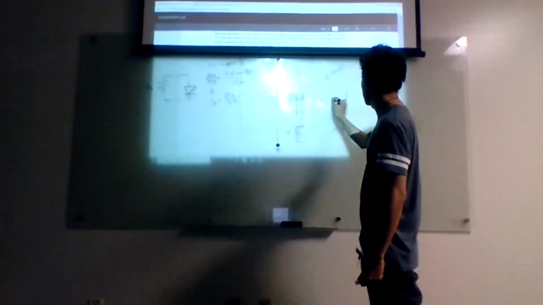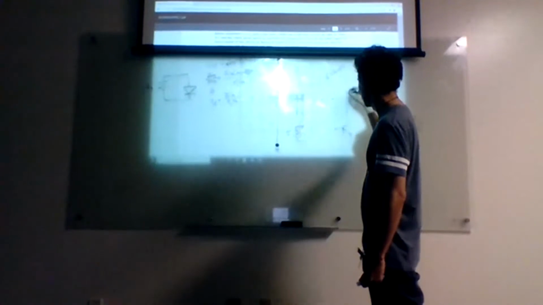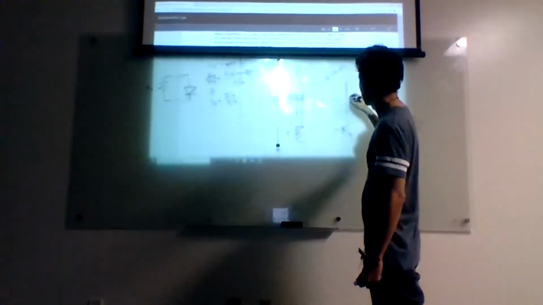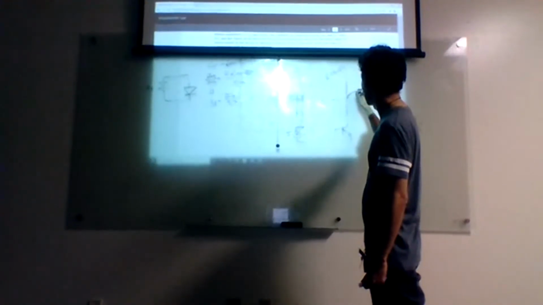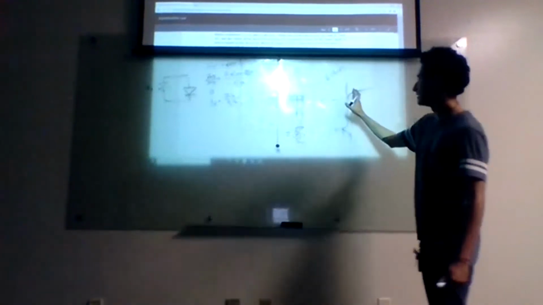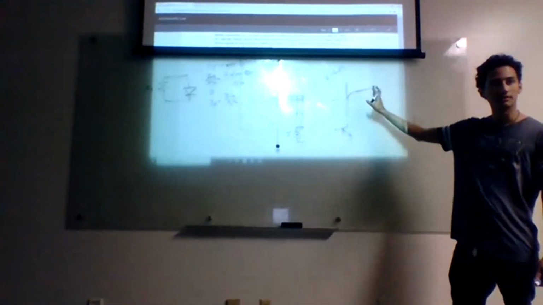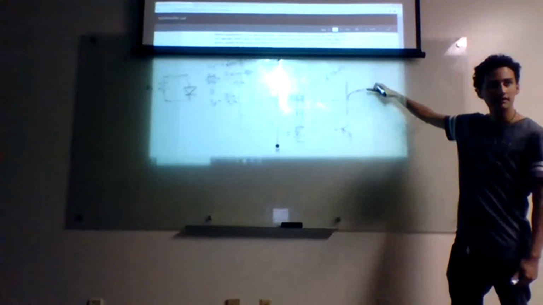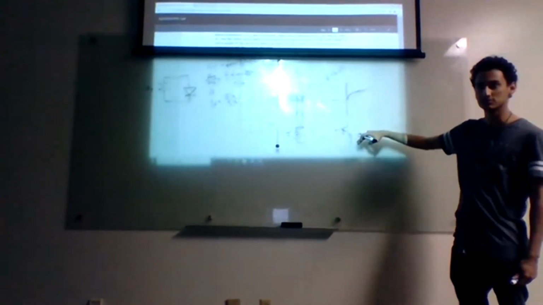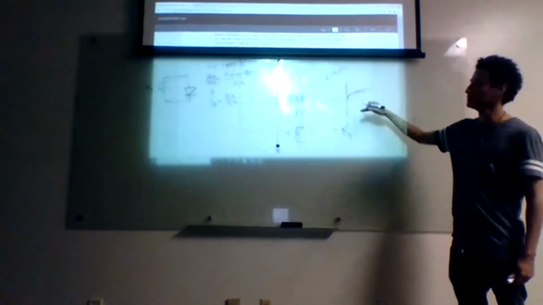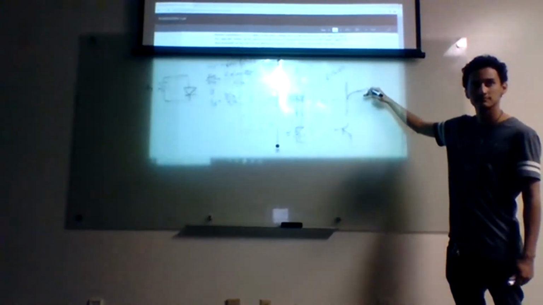BJTs, however, are not ideal. Ideally, after you get them turned on, they would supply the same amount of current no matter what the collector-emitter voltage was. But they're not ideal, so they have a slope here.